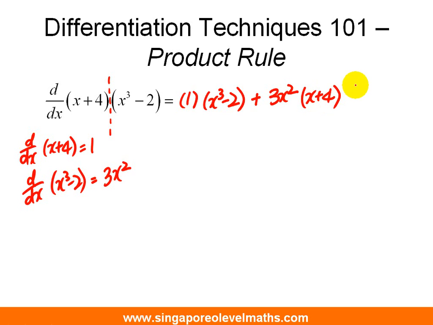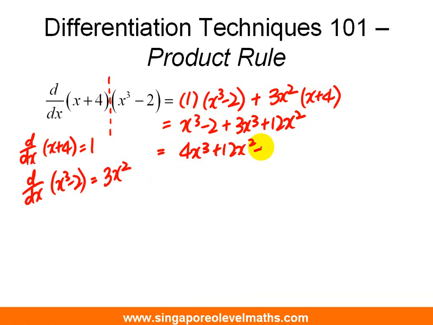Basically we have completed product rule differentiation. So the next step you want to do is perhaps to simplify it. And your final answer will be 4x cubed plus 12x squared minus 2.